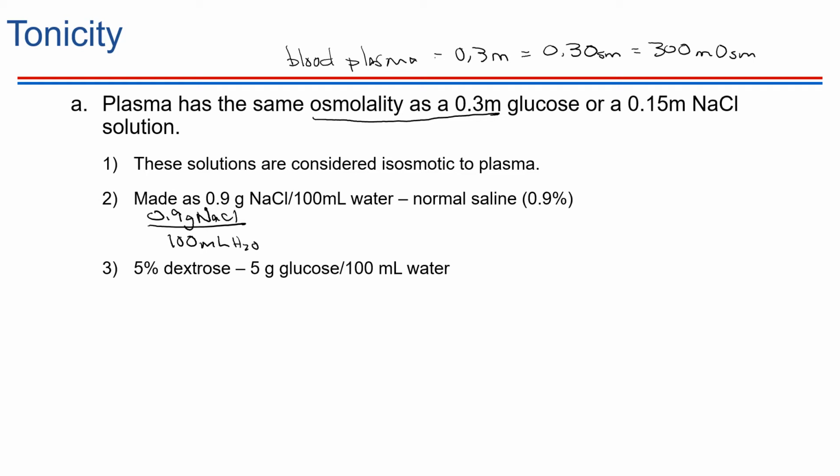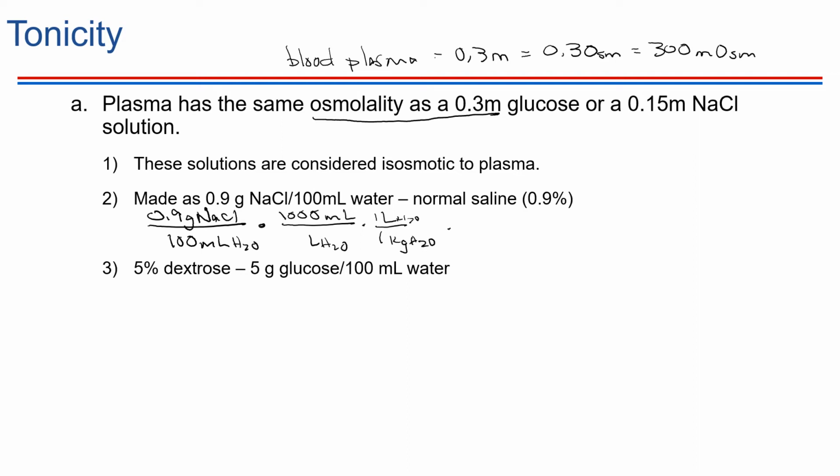Now we can factor this down. We know our osmolality is measured in moles per liter of solvent or kilogram of solvent, so we've got to change milliliters to liters. We'll multiply by 1,000 milliliters per liter. And if we wanted to, we could even convert liters to kilograms, because there's 1 liter per 1 kilogram, and this is all water.